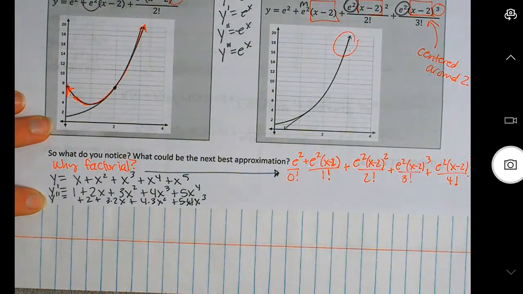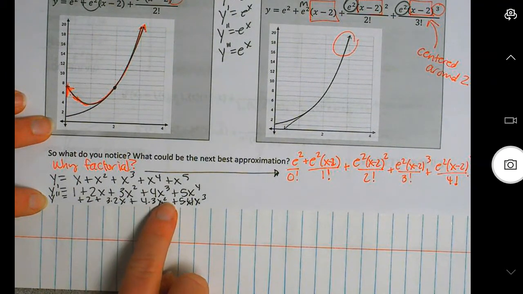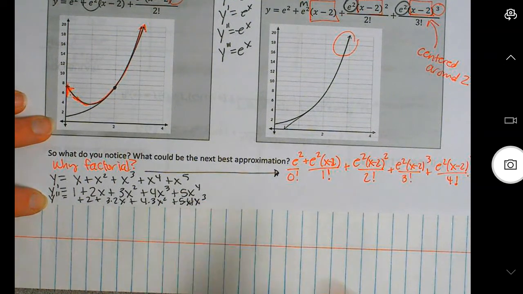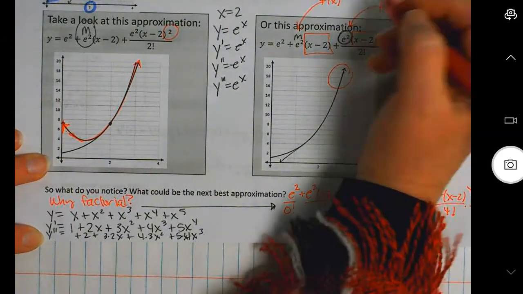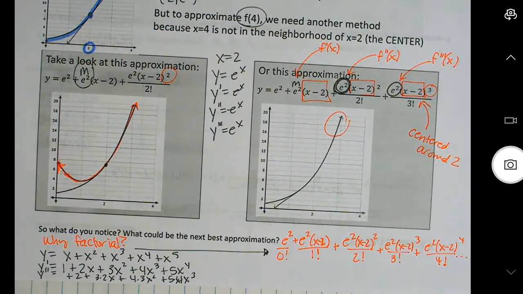Yeah. I don't have room to write it, but the next one would be 4 times 3 times 2, and then it would be 5 times 4 times 3, right? So every time you take a new derivative, you're going to have this cascading number, and that's equal to the coefficient right here, this e to the x, and we're going to see that in our next problem.